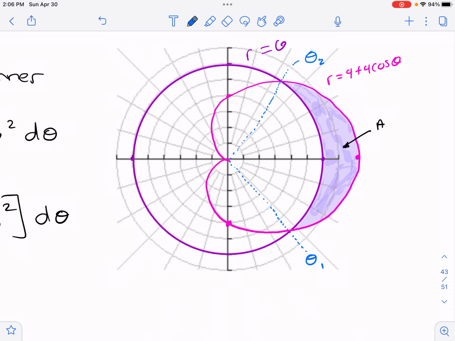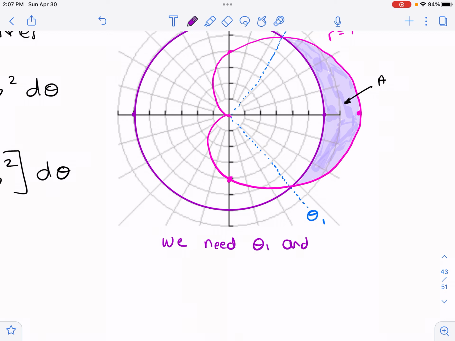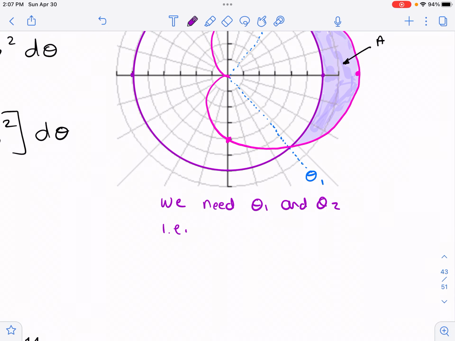They intersect when their r values are the same. So what we want to do is find when these two r values are equal. Let me just note, we need theta 1 and theta 2. In other words, we need to solve when 4 plus 4 cosine theta is equal to 6.